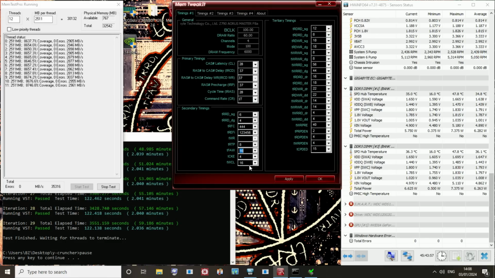Because the funny thing about cast latency and cast write latency is that they control completely different operations. I know they both have cast in the name, but the most important part is that one of them is for read operations and the other is for write operations. What cast latency controls is the delay between a read command and the memory chip actually outputting the data.